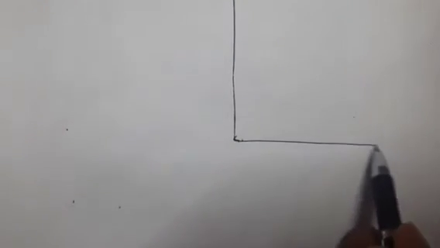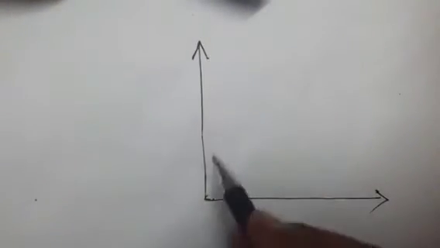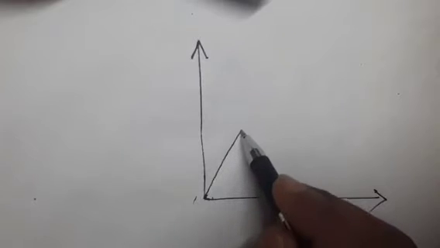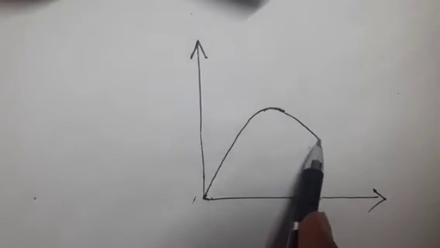The graph given in the question is like this. The particle is moving on a path and again it lands on the ground.